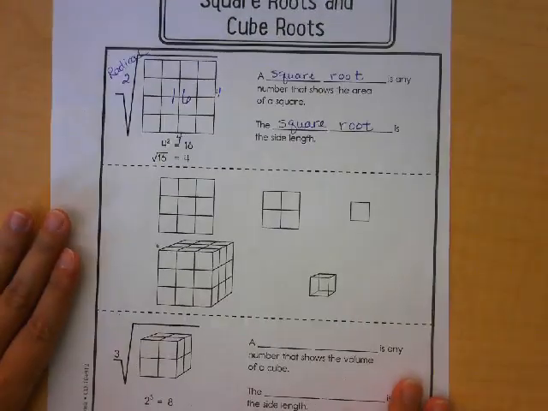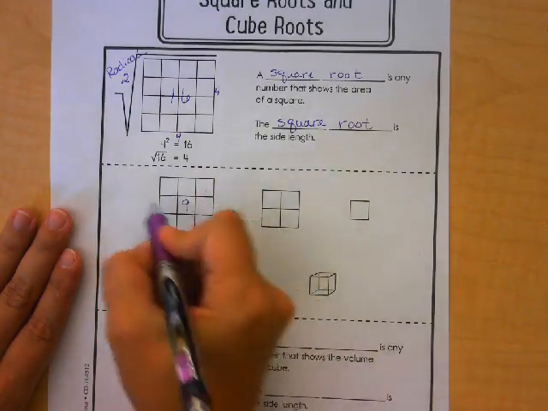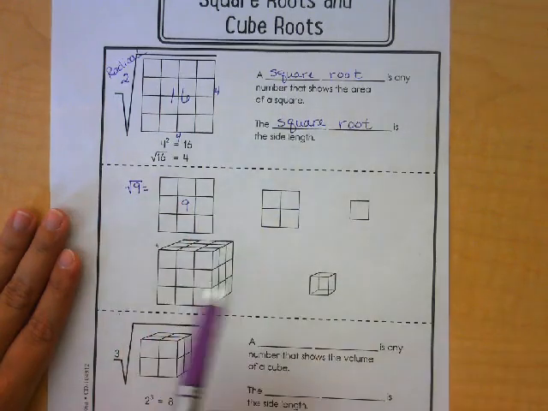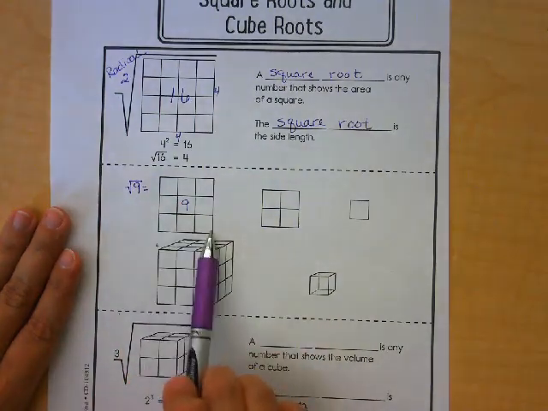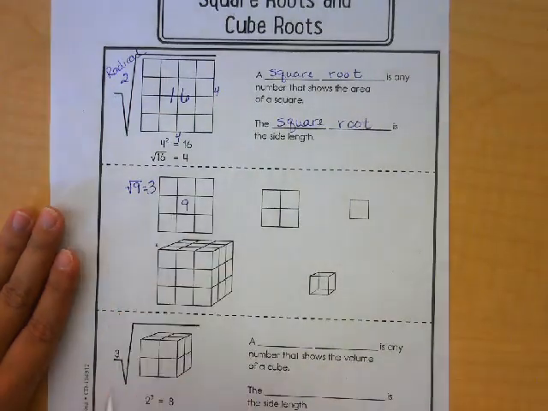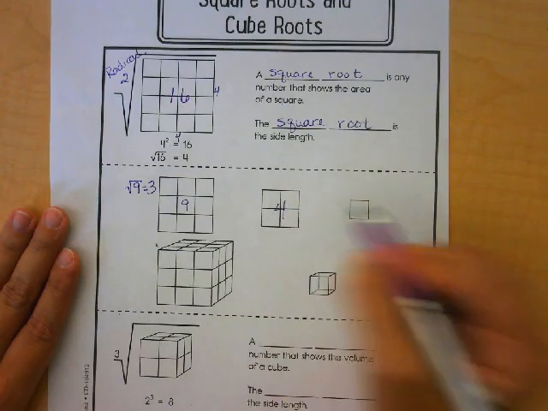So here we have a square. This is 9. There are 9 squares in here. So we can say the square root of 9. Well, what times itself is 9? Well, what are the side lengths of this square? The square root of 9 is 3. Here I have 4 squares.